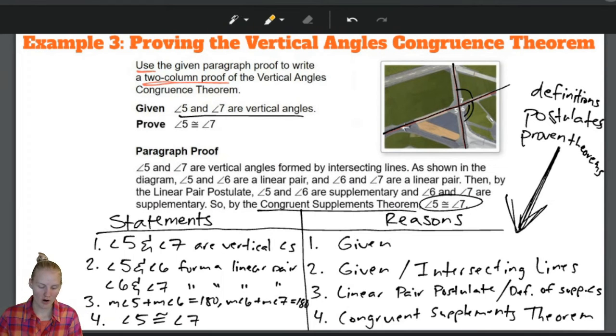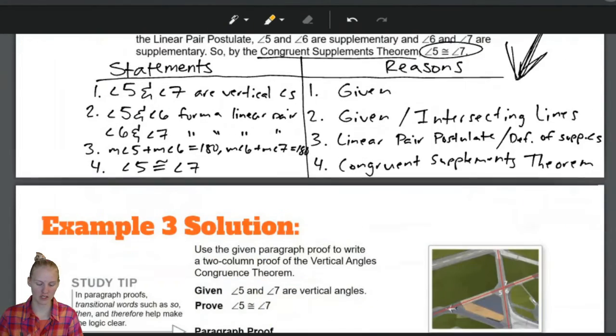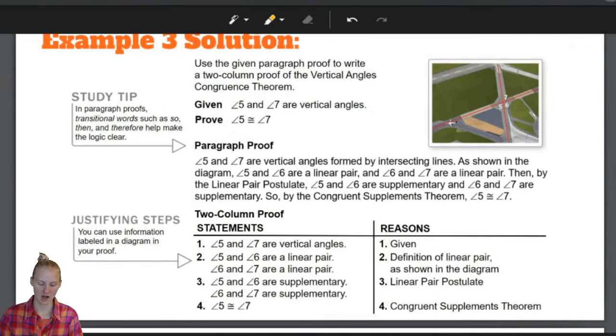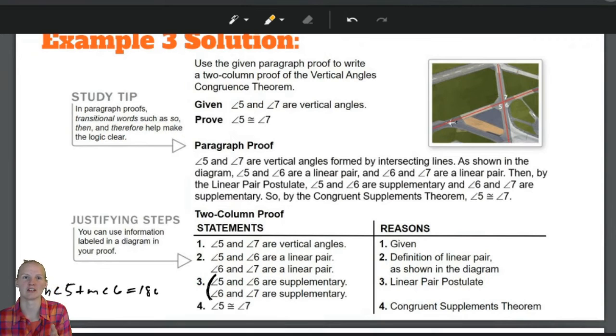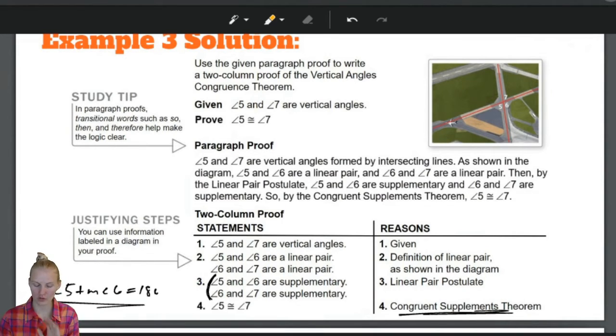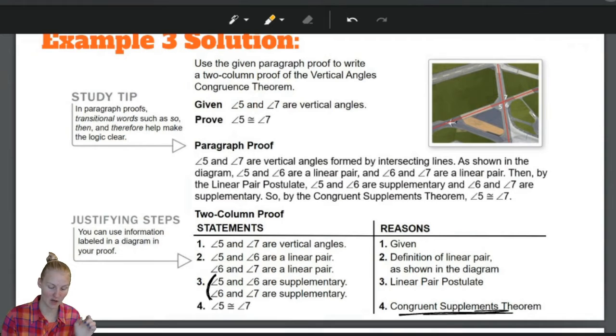Okay, let's check our answer, and I have a feeling that they'll have written it a little bit more eloquently, because instead of writing this, we wrote that the measure of angle 5 plus the measure of angle 6 equals 180. I thought we were going to have to do this. But because we did this when we proved the congruent supplements theorem, we don't even have to write all this out because we already did that inside of another proof.